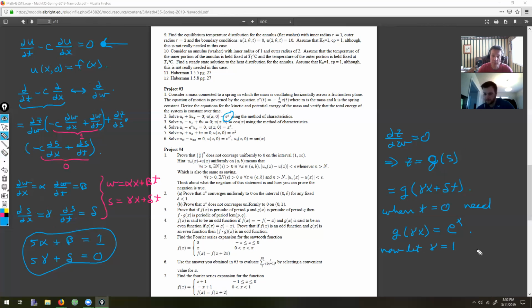And then what would I have to pick the delta to be? Well, looking back at this equation right here, what do you think I'm going to have to pick the delta to be? Negative 5. Negative 5, right? Okay. All right, so I have that.